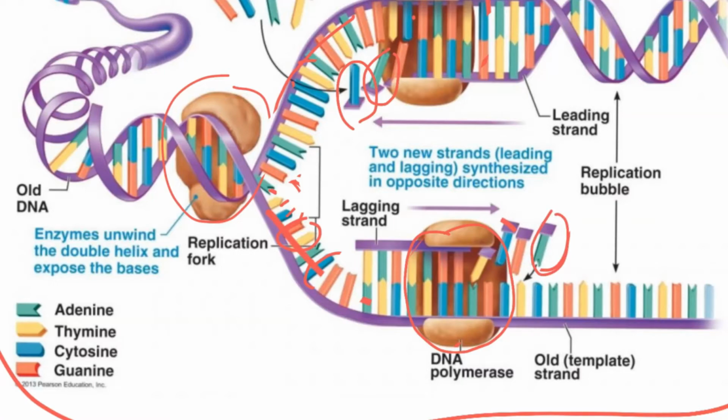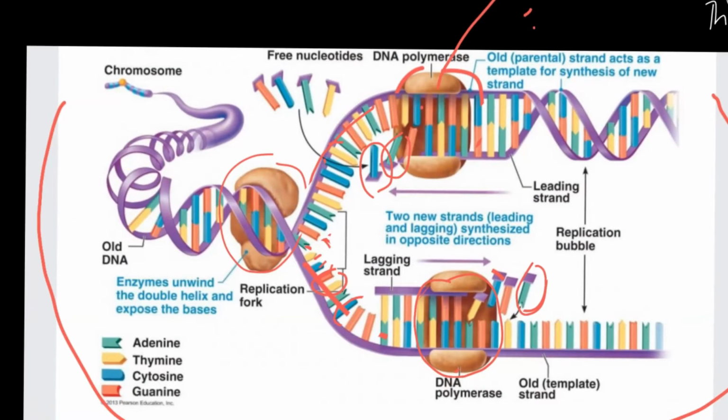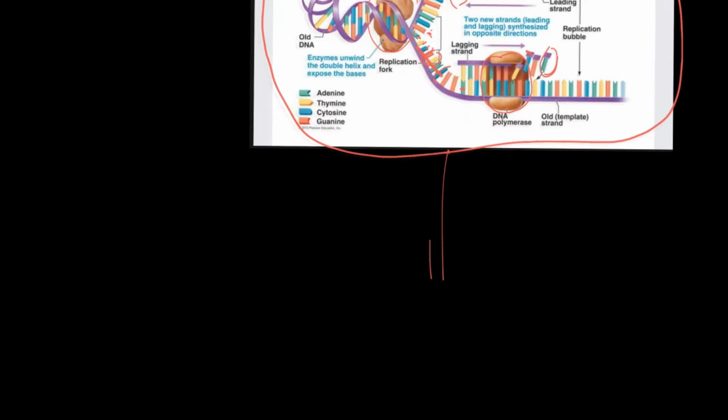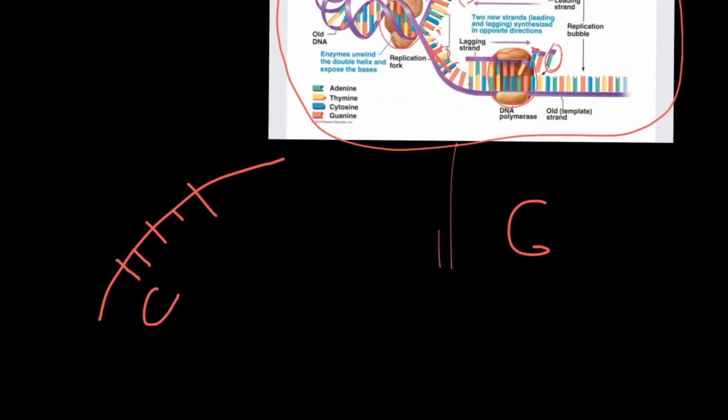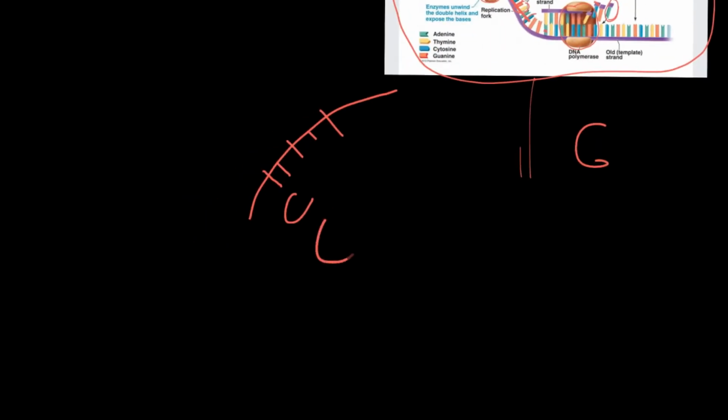These free nucleotides are joined to the free template strand with the complementary bases. So for example, there is a free nucleotide of guanine, right? It will be joined to the complementary base in the free template, cytosine, right? So this guanine will come and bind to cytosine with three hydrogen bonds.